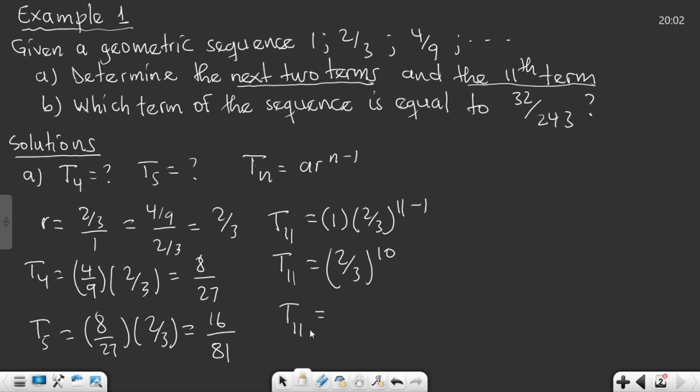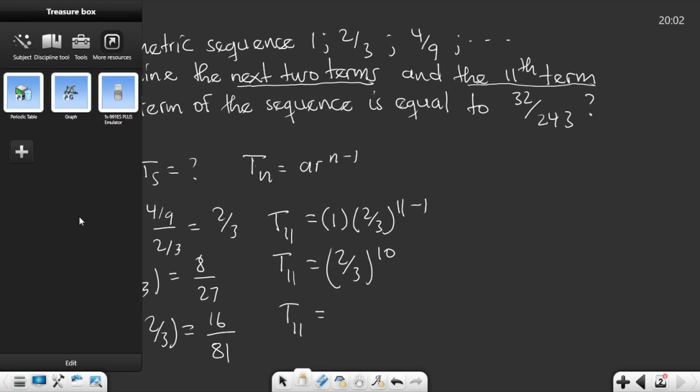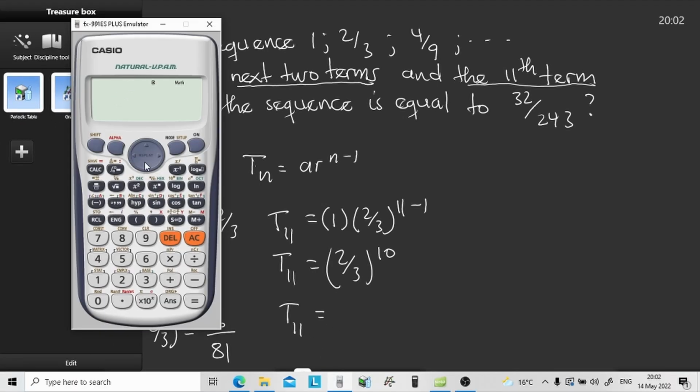let's use the calculator. I've got my calculator here. So you have 2/3 to the power of 10.